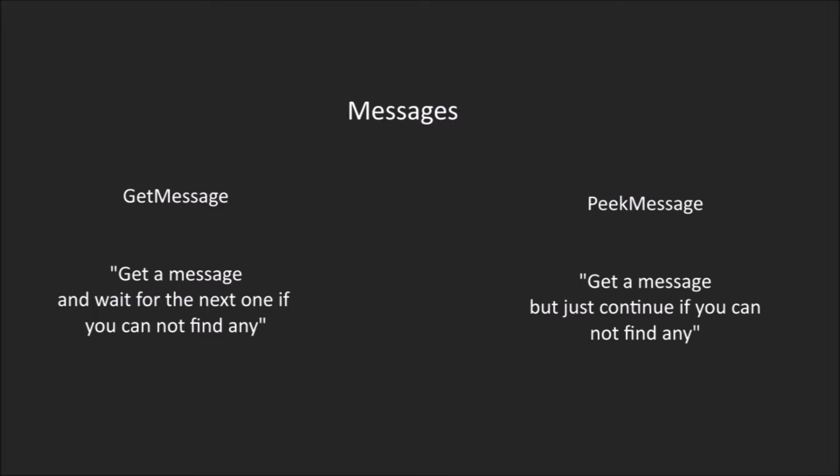These have the same purpose, but the difference is that the getMessage function waits until a message is sent, if there are none, and the peekMessage just continues if no messages were found. And that means that we can do rendering and stuff in between without having to wait for the messages. So peekMessage is actually the one that we're gonna use.